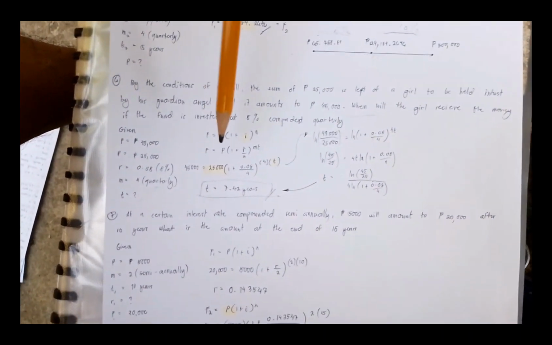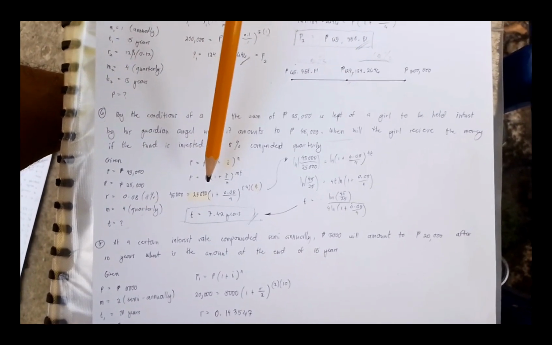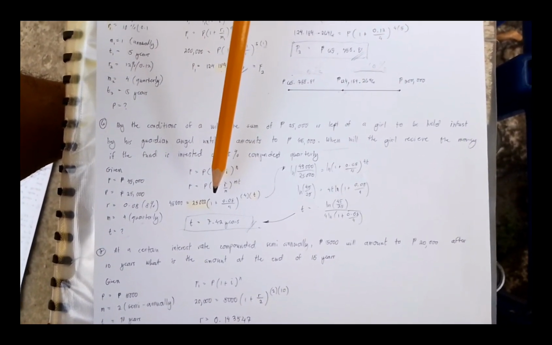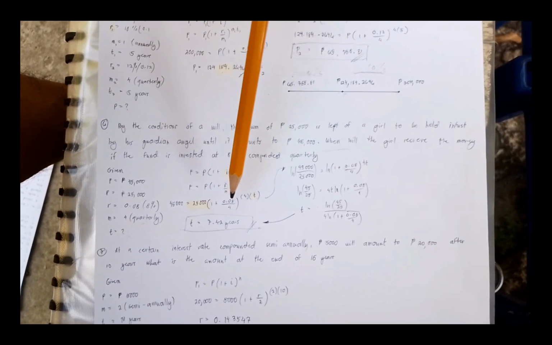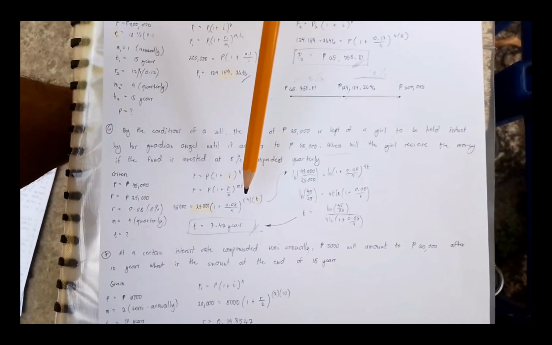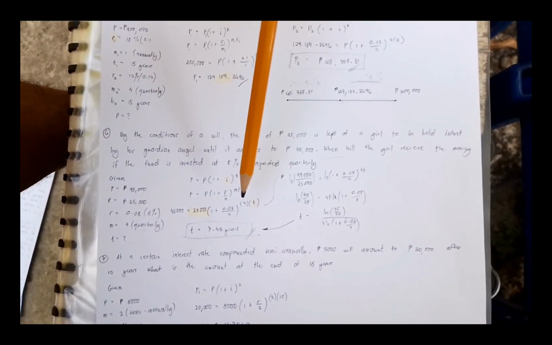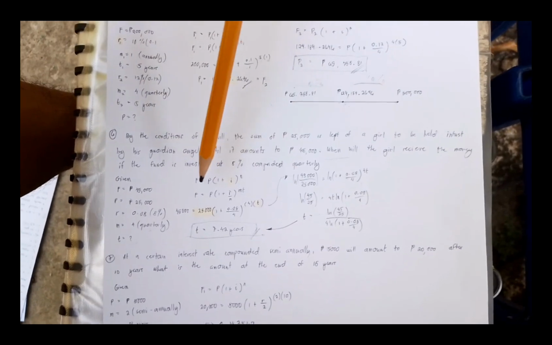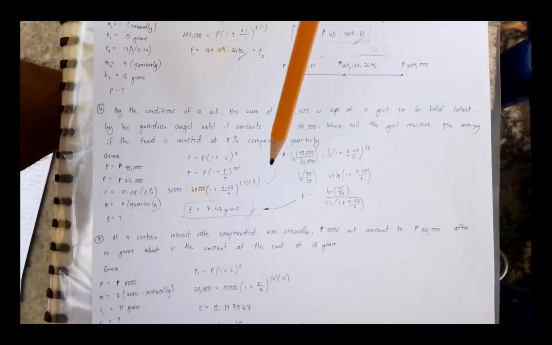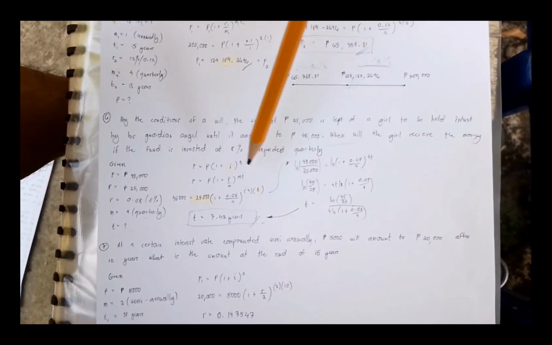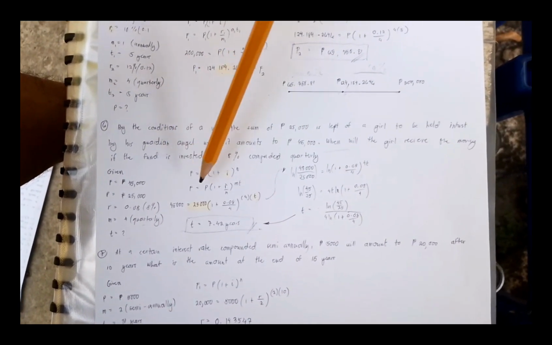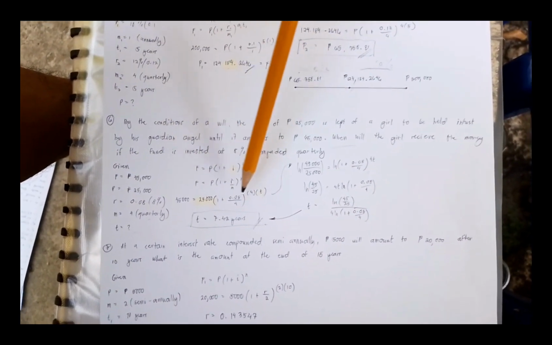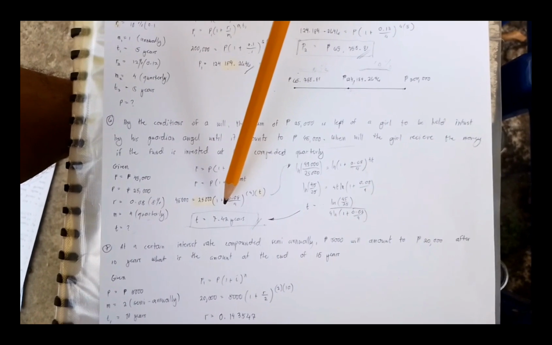So 45,000 is equal to 25,000 times the quantity of 1 plus 0.08 all over 4 raised to 4 times t, and t is unknown. Using a calculator, we could easily get the answer with shift solve. Just input this on the calculator and we could get this answer.